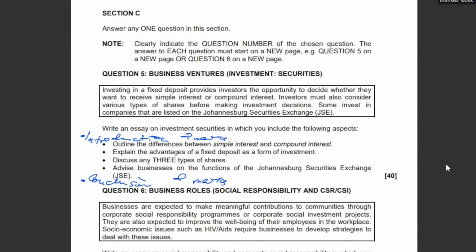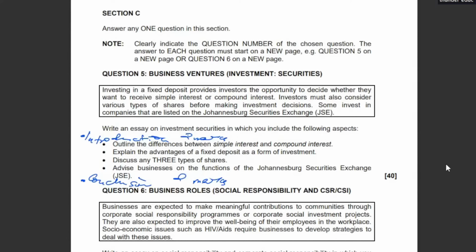So now your body is going to comprise 4 subheadings. These 4 subheadings make your body. In your body, these subheadings should clearly be indicated and clearly underlined. The same thing applies also with the introduction. Introduction should clearly be written as an introduction, then you underline it.